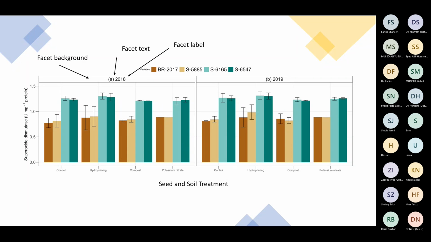There is variety, there is some year. Okay, well, legends are also showing, and the x-axis is also showing seed and soil treatment. So these are two factors. Can you explain why it's two-factor data? Because here on the x-axis is seed and soil treatment, and then the legends are showing.